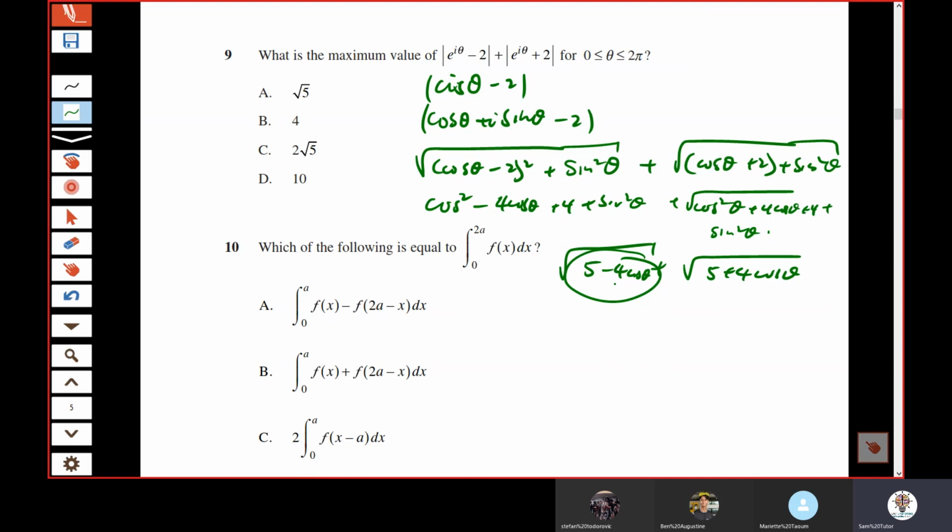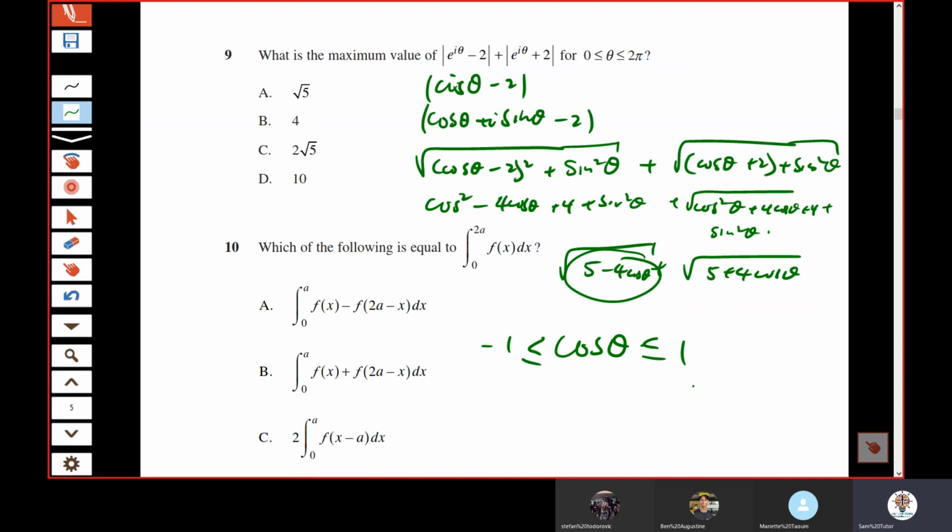What's the maximum value that cos θ has? Think of the graph. What's the maximum value that cos θ has? 1. So cos θ is between minus 1 and 1.